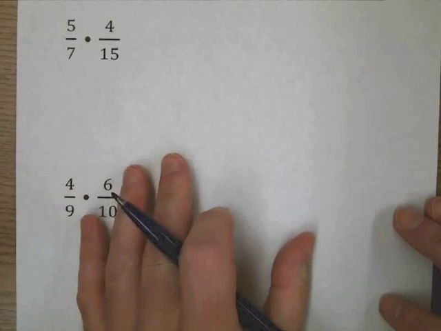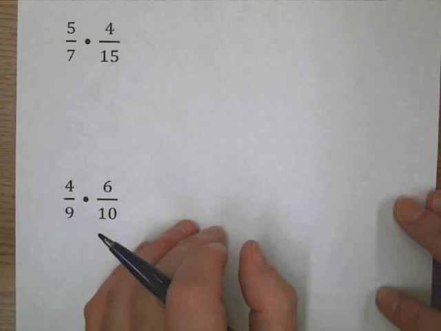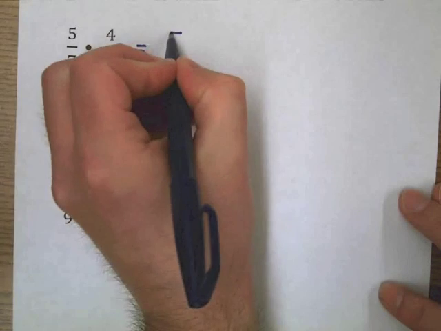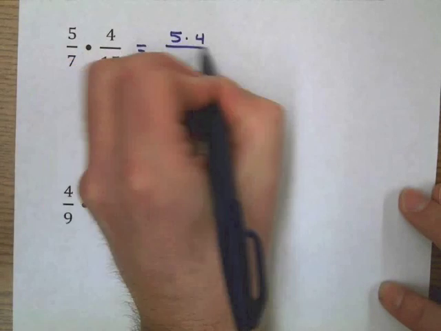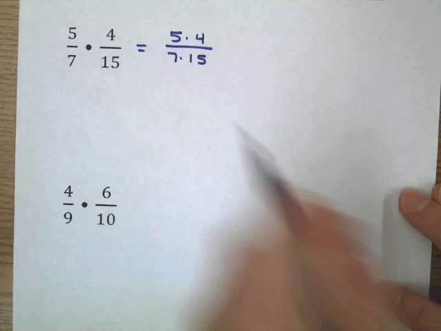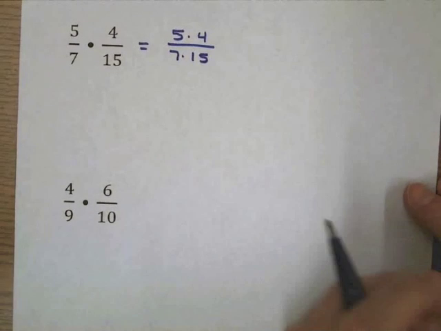Let's take a look at this one then. 5/7 times 4/15, or 5/7 of 4/15. And I can think of this as 5 times 4, my numerators, over my denominator 7 times 15. Now, when I multiply this out, I'm going to come up with some large numbers.